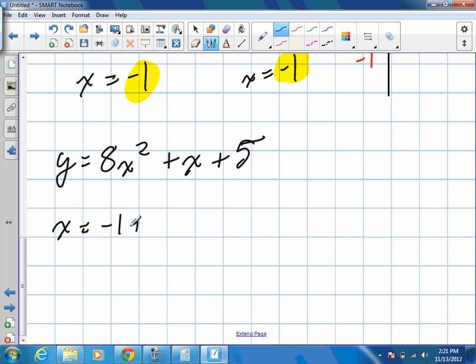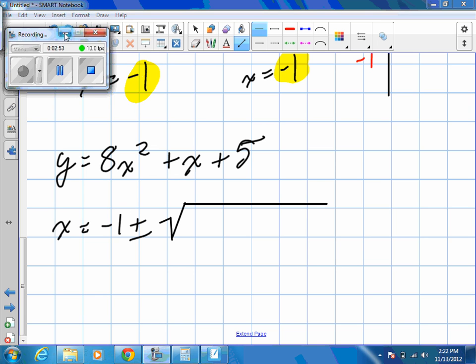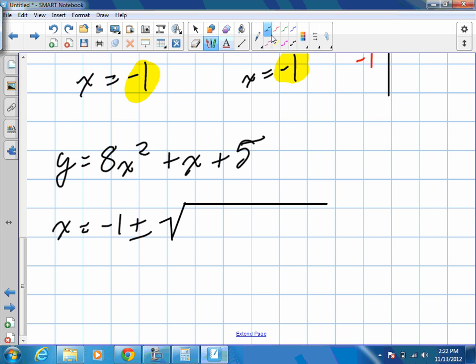Plus or minus the square root of our b squared, again, is 1, so we have 1 squared. Negative 4 times, I'm actually going to go right to the c, okay? It'll make it a little easier for me to multiply. Negative 4 times 5, negative 20, times 8, negative 160.